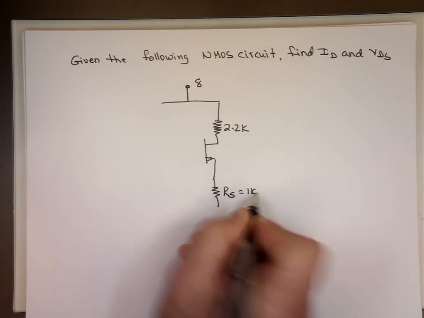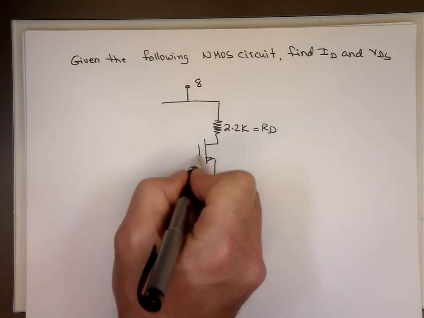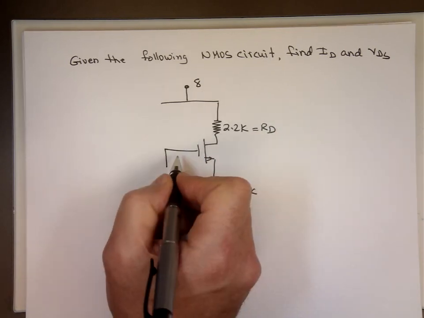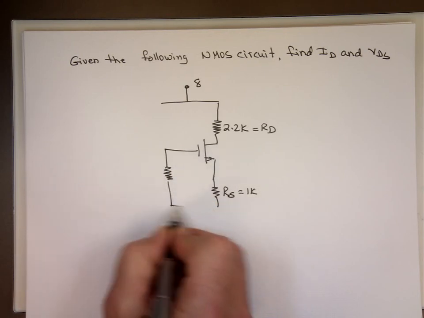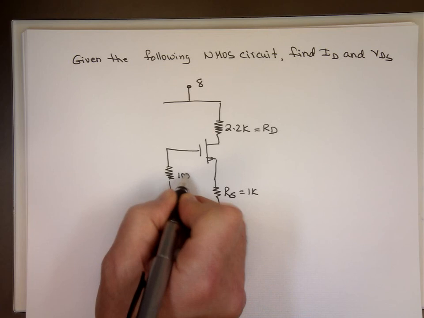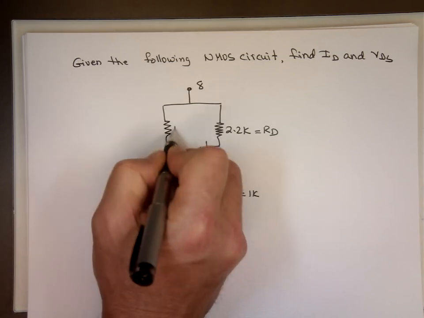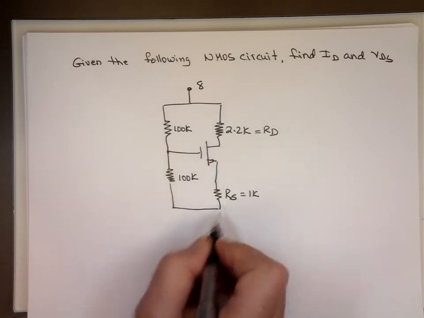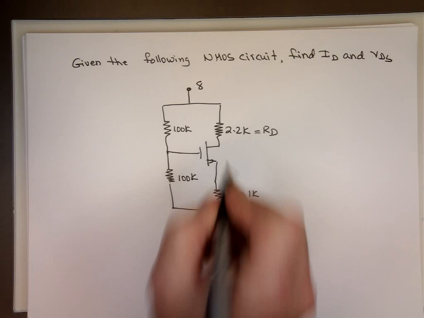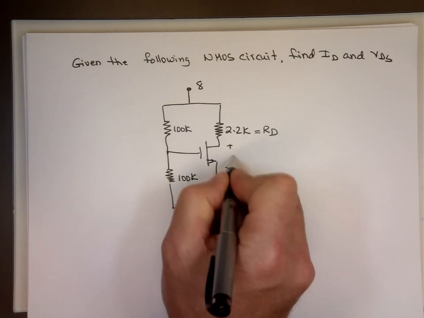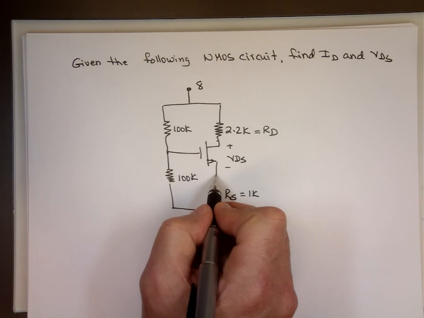This is R sub D. Let's use 100K here, and let's use 100K here. And this is my ground. And my VDS is right here, because that's the drain and that's the source when you have an NMOS circuit.